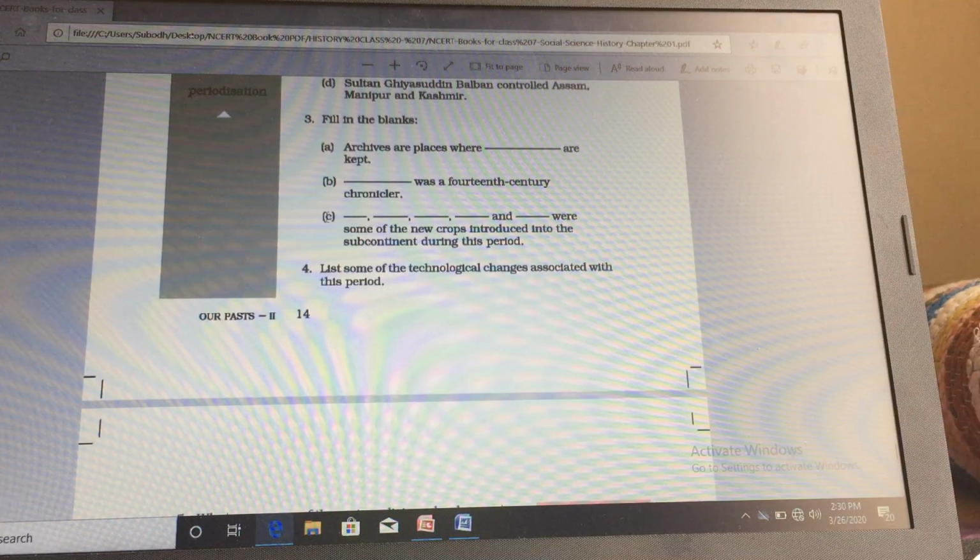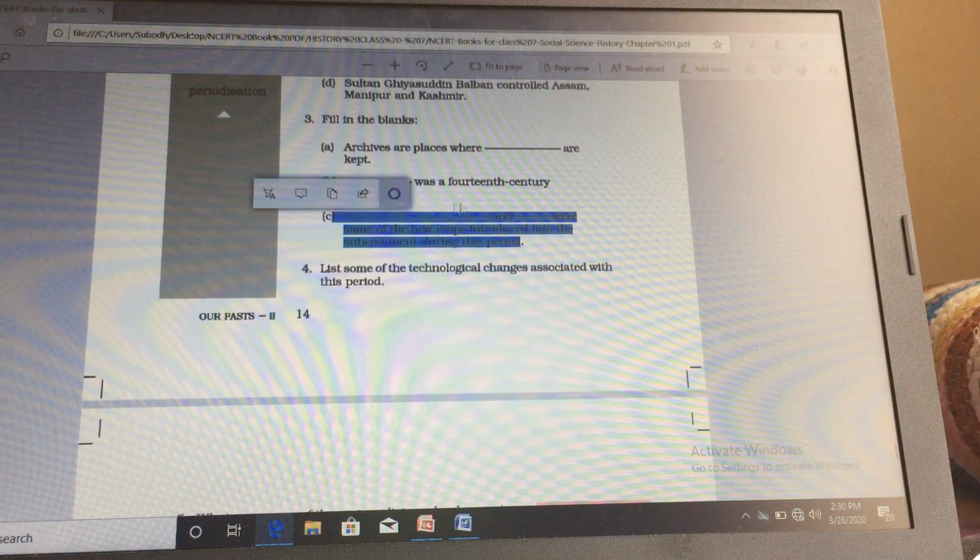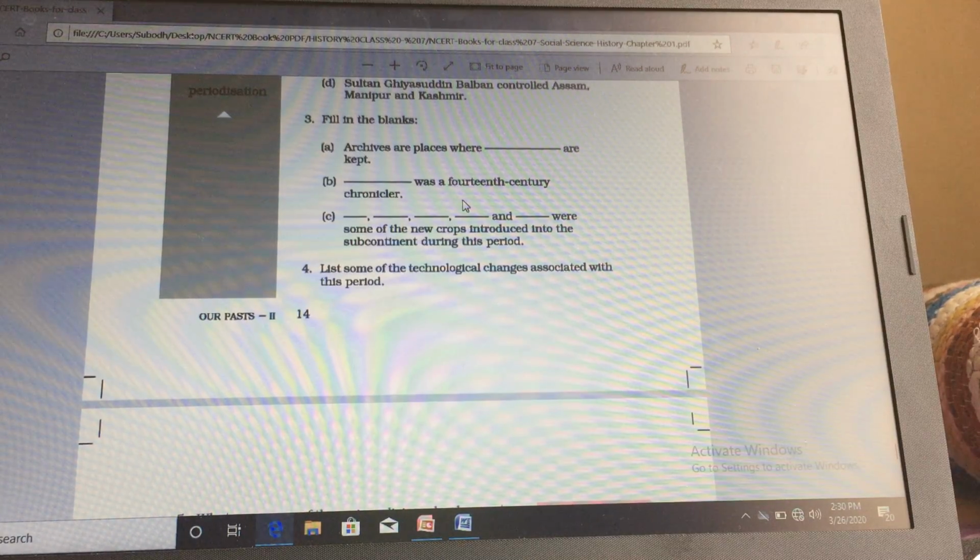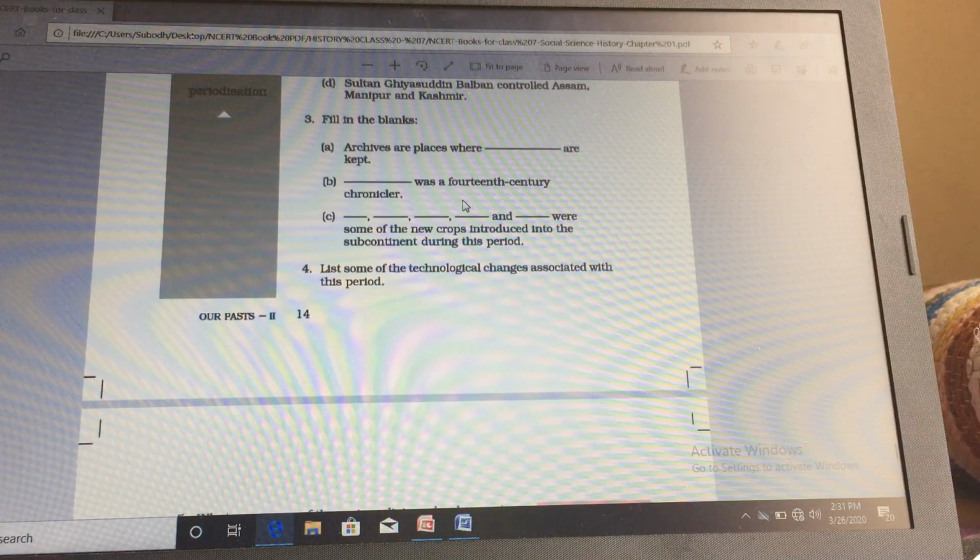Now the next fill in the blanks: dash, dash, dash, dash, and dash were some of the new crops introduced in the subcontinent. So they were potato, corn, chili, tea, and coffee. These were the new crops introduced in India in medieval time.